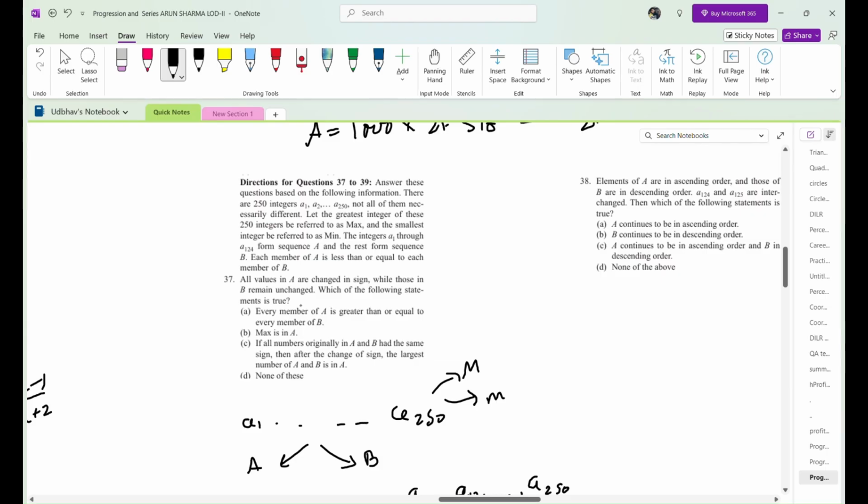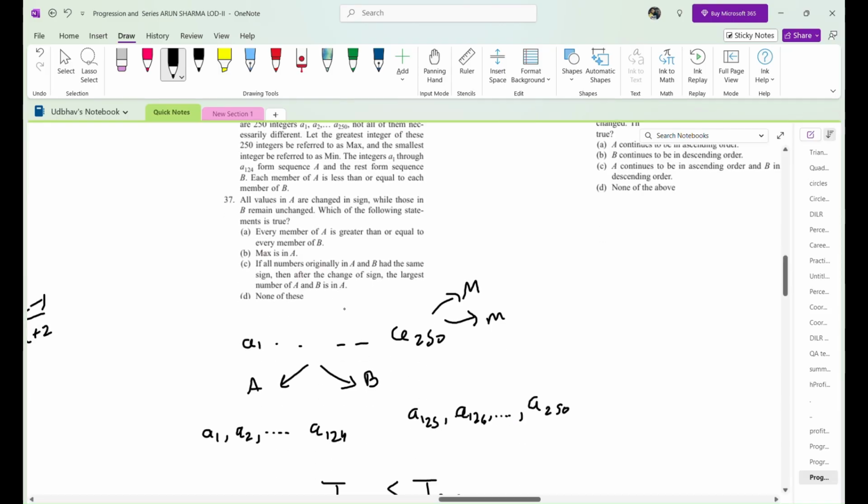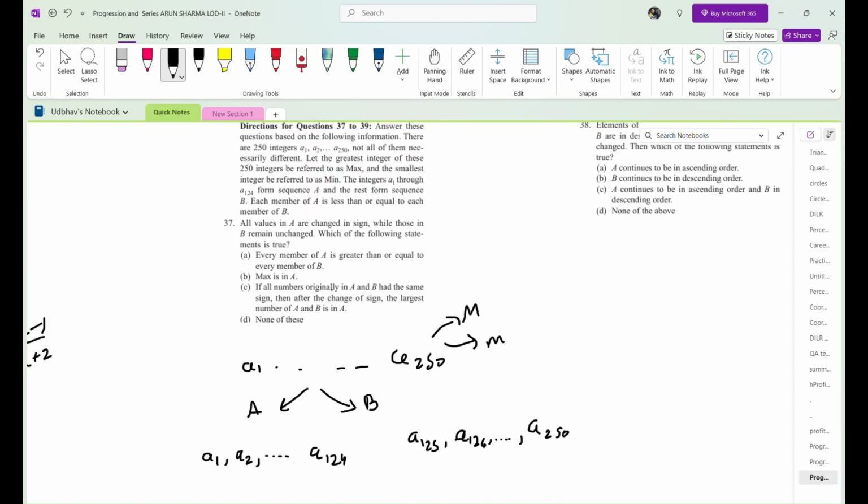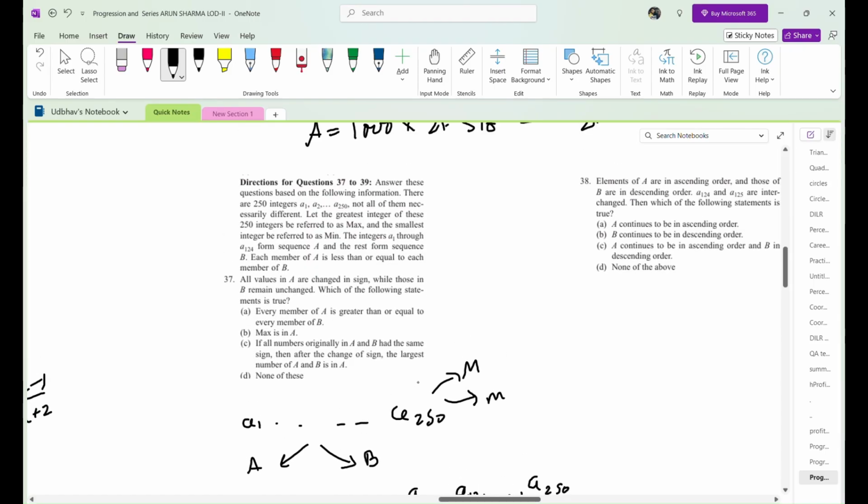All values in A are changed in sign while those in B remain unchanged. Which of the following statements is true? Every number of A is greater than or equal to every member of B. Max is in A: if all the numbers originally in A and B had the same sign, then after the change of sign the largest number of A and B is in A. None of these.